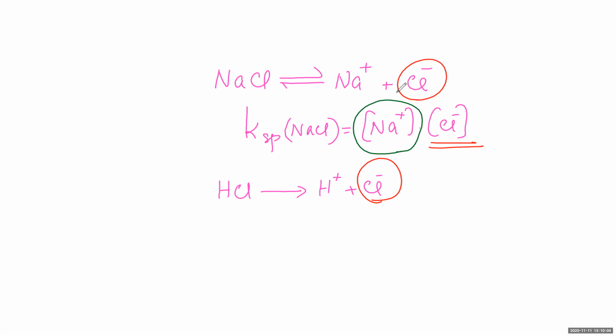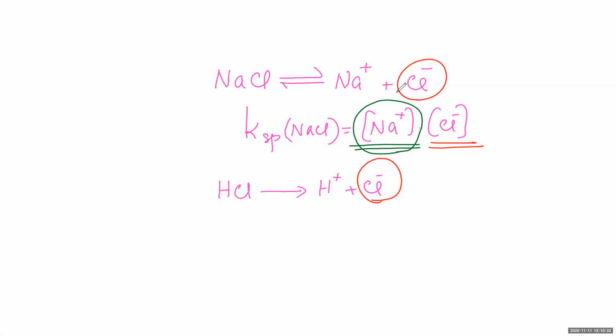So to keep Ksp a constant, the concentration of Na+ should be decreased, because Cl- is increased. To keep the product a constant, Na+ should be removed from the solution. And Na+ is removed from the solution in the form of sodium chloride.